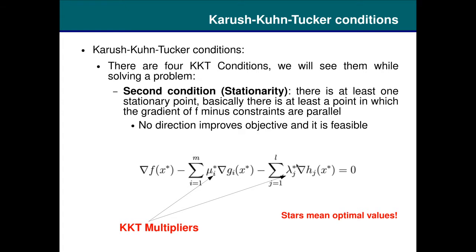And here I have the gradients of my equality constraints. You can see that instead of having plus and plus, I'm just considering minus here, because the previous formulation was using minus on this side. When I brought it here, it was plus, and here it's just the opposite.